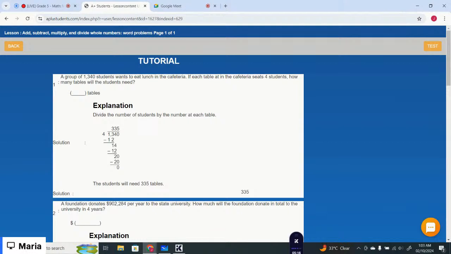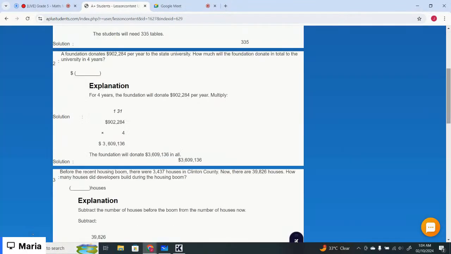So you actually have to divide 1,340 by 4 because each table can hold 4 students. That's the long division method. You have to divide using long division.